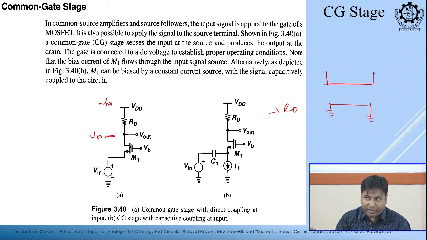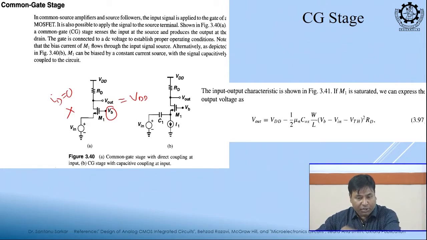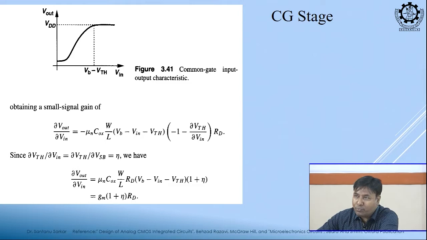Getting my point? So, seeing the circuit you will understand these things. Do not just blindly assume that in the previous case no current flows, it was 0, but here the circuit is different. Okay, done. So, if no current flows, my output is VDD.